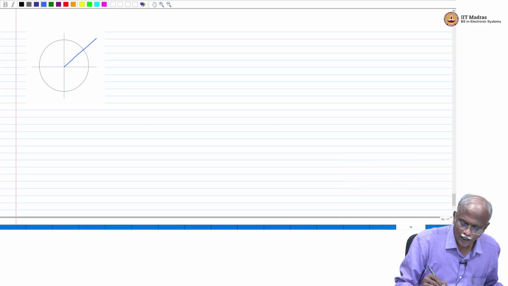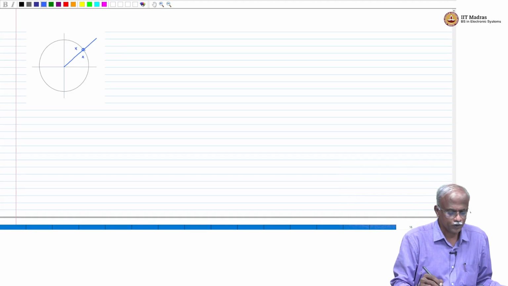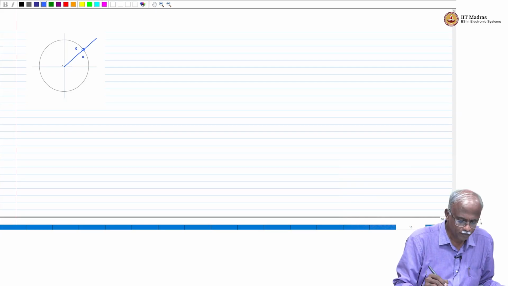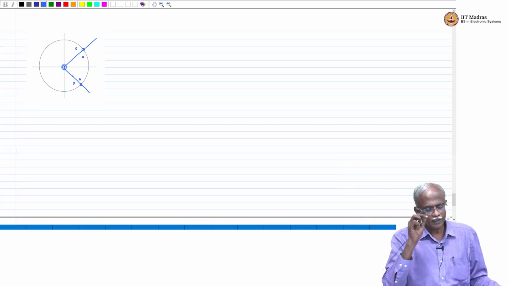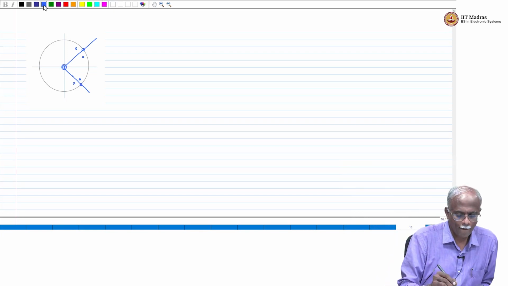I have a 0 here, I have a pole here, I have a pole here. Because there are two poles, there should be a compensatory 0 at the origin. Similarly, at the complex conjugate location also, I have a 0 and two poles on either side, so there is a second 0 here. Give me the magnitude response.